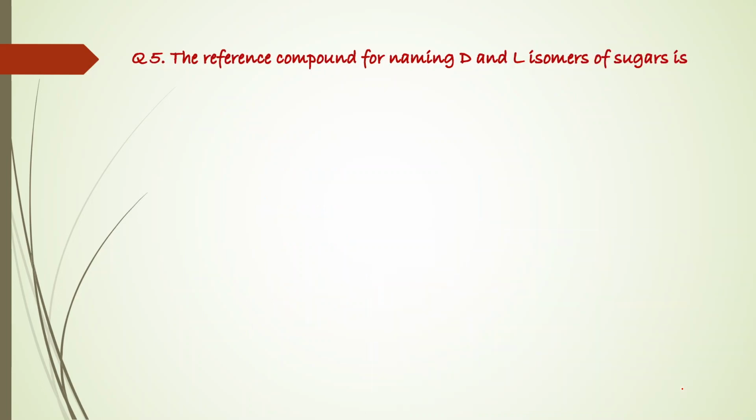Okay, let us move to the next question. It is saying, the reference compound for naming D and L isomers of sugar is what? We can classify sugars based on their stereochemistry, whether it is a D isomer or an L isomer.